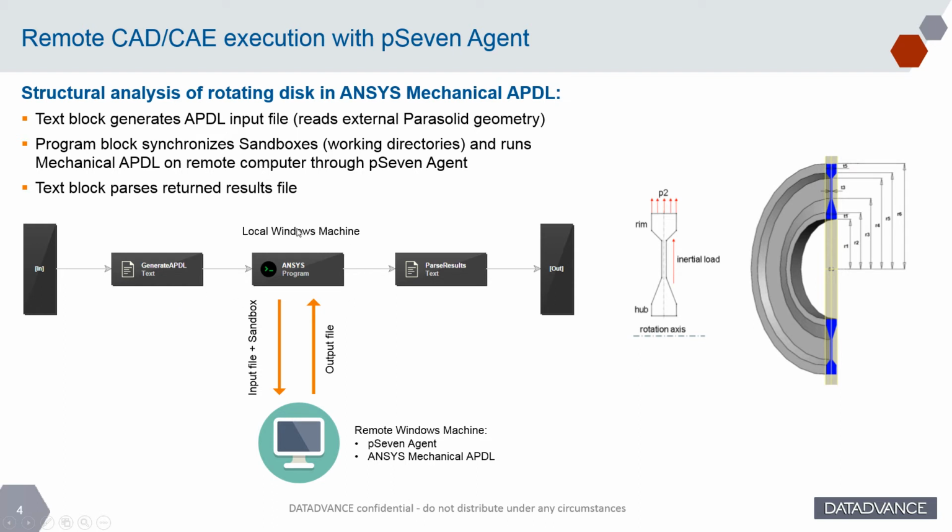Then the program block sends this input file and the files from a local sandbox to the remote Windows machine where the pSeven Agent is started, and also ANSYS Mechanical PDL is installed because it is necessary for executing the file. After the simulation is finished, pSeven Agent sends the output file back to program block, and it sends it to the final text block that parses the results and gives the outputs.